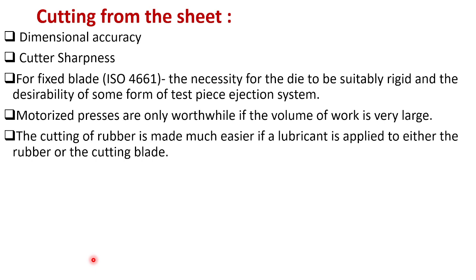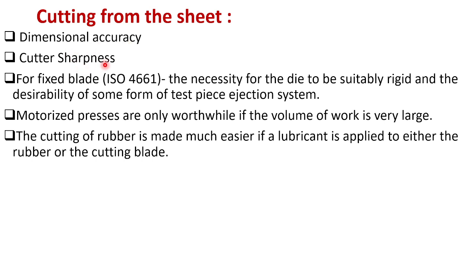For the tensile test, you need to cut in a dumbbell shape. Dimensional accuracy is very much important. Why is it important? Because during the tensile test, if the dimension is uneven, there may be formation of stress concentration, and that will eventually create flaws in your testing.